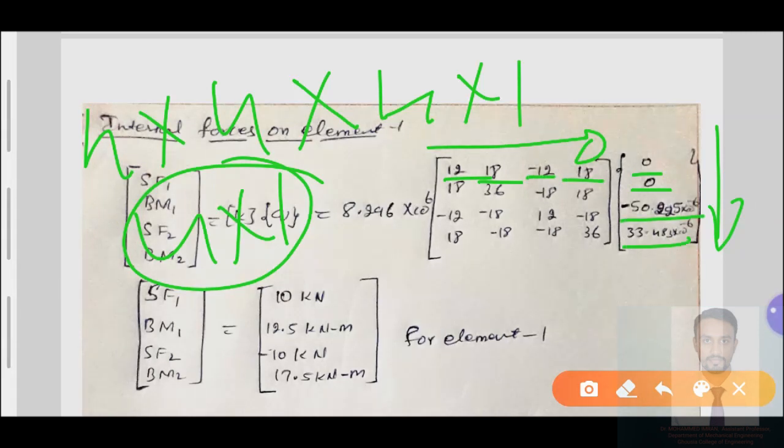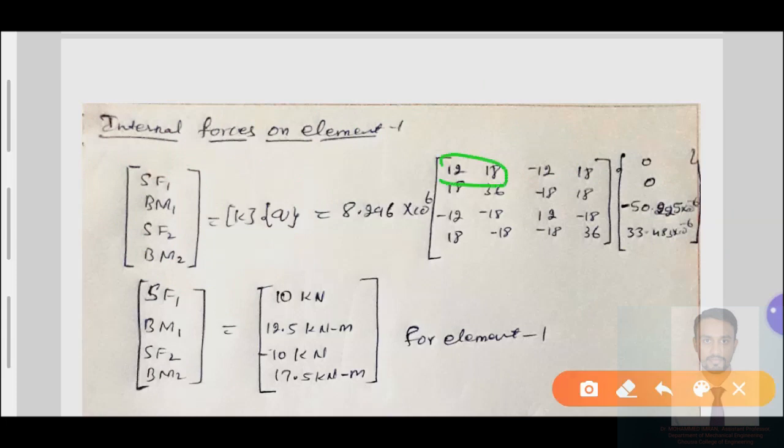The first two values will go 0, due to these two values being 0. Minus 12 into minus 50.22 into 10 to the power of minus 6, plus 18 into 33.48 into 10 to the power of minus 6. The total value of this is equal to 10 kilonewton.